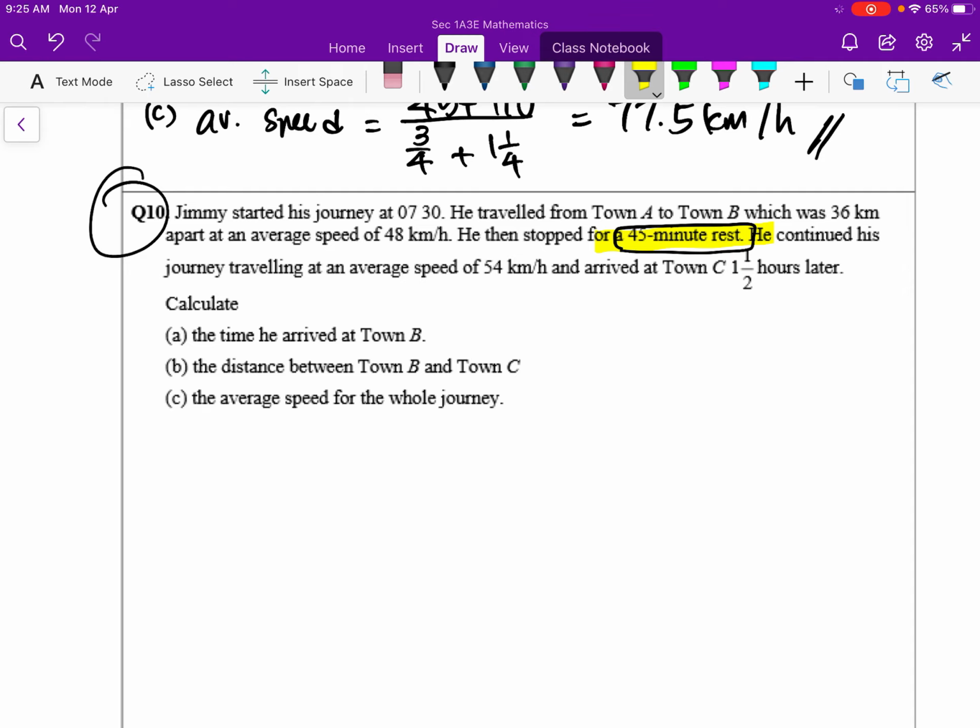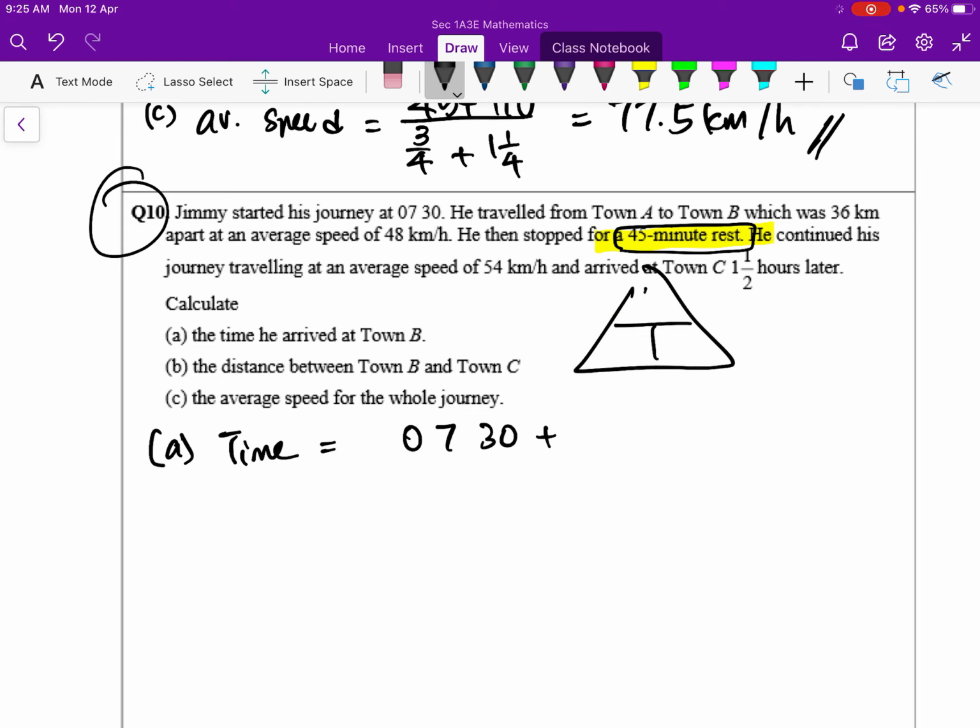So he continued his journey at another average speed, arrived in town C 1.5 hours later. Calculate the time he arrived in town B. So time in B will be 0730 plus the time taken for the journey. We know DST, we know the distance, we know the speed, we can find the time using distance divided by speed.